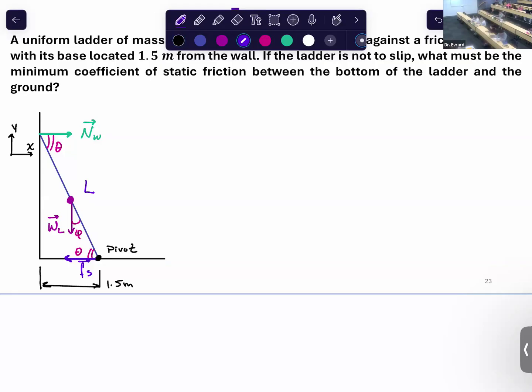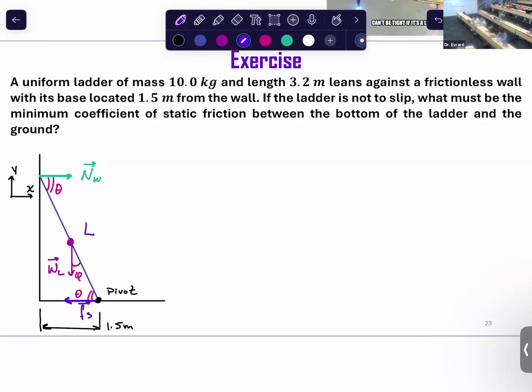Pretty straightforward diagram. The length of your ladder is 3.2 meters, so we'll just make note of that.